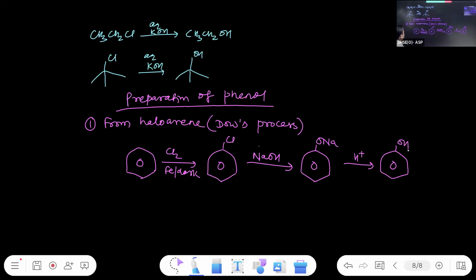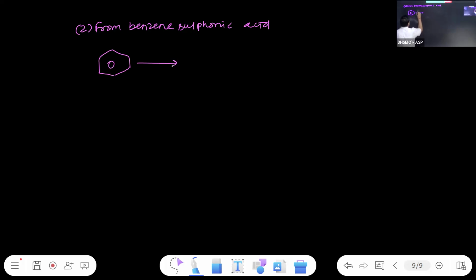Next is to prepare phenol from benzene sulfonic acid. Second. So how to prepare benzene sulfonic acid from benzene? Benzene is treated with either concentrated H2SO4 or oleum, H2S2O7.